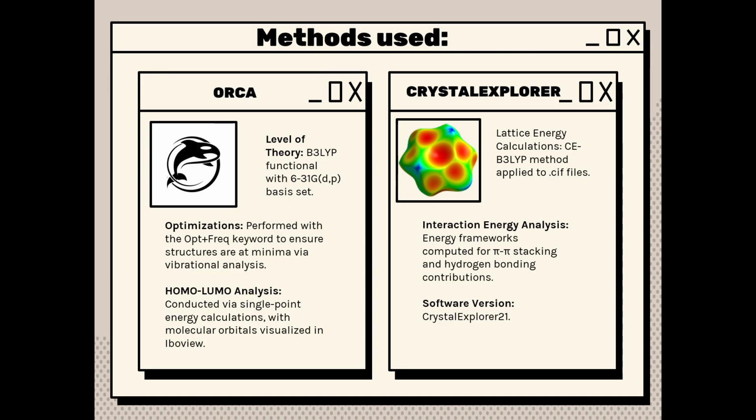I also conducted the HOMO-LUMO analysis using single point energy calculations and visualized the molecular orbitals with IBOView. For CrystalExplorer, I used the CE-B3LYP method to calculate the lattice energies from the crystallographic information files. Additionally, I analyzed the interaction energy framework, focusing on contributions from the hydrogen bonding and pi-pi stacking. This was done using CrystalExplorer 21 for advanced crystal property evaluation.